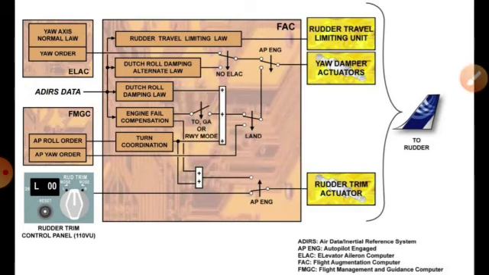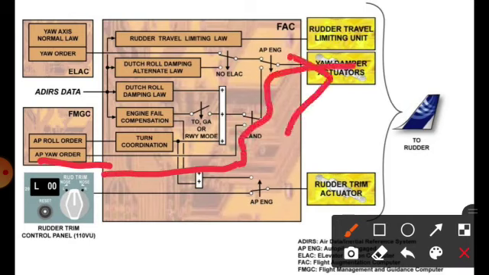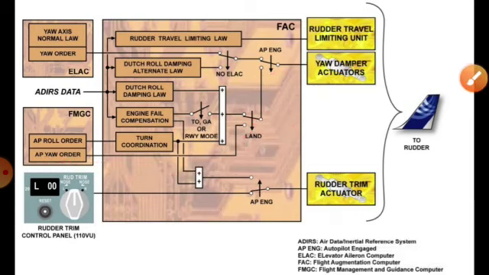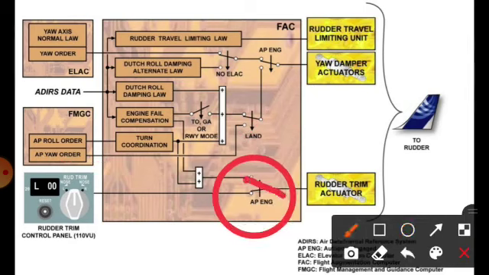Also when the autoland is available, then FMGC also gives the yaw command in autoland mode, like this. It controls the yaw damper actuators in CAT 3C. And here you can also see this one, autopilot is engaged, it is like this.